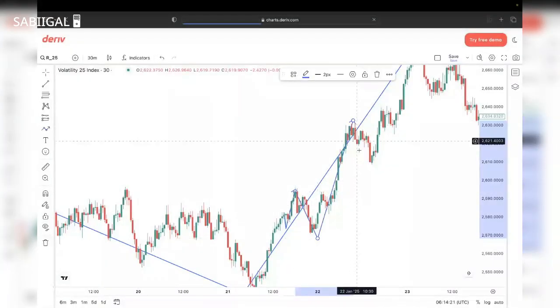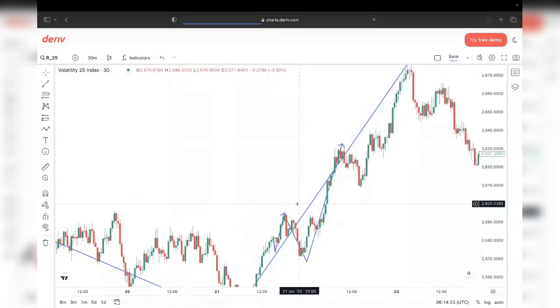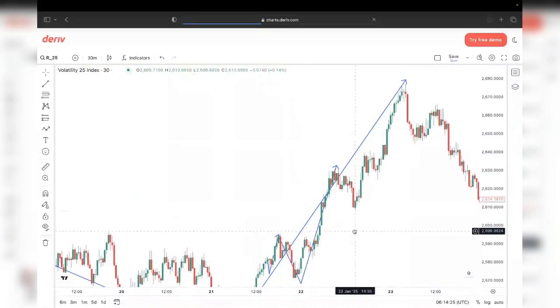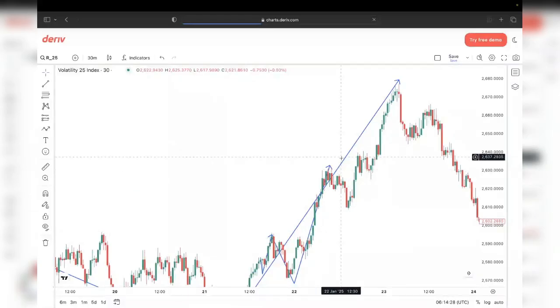If that inducement has been created and price keeps creating structural liquidities without giving another valid inducement, that inducement continues until a new inducement has been created.